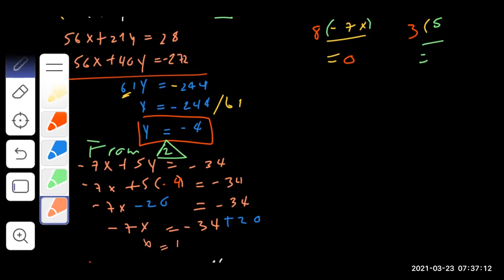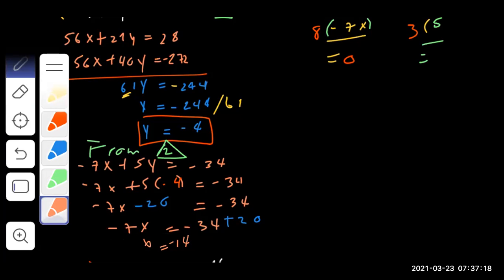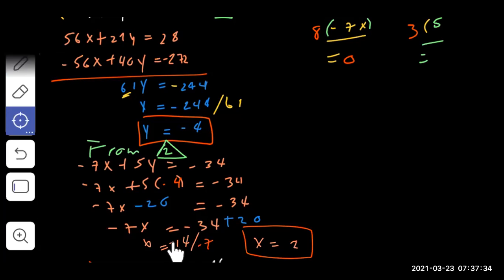That will be negative 14, because the negative is the biggest value, right? And then this -7 is multiplying, so on the other side it will be divided. What will x equal then, guys? 14 divided by 7 is 2. Negative divided by another negative will be a positive 2.